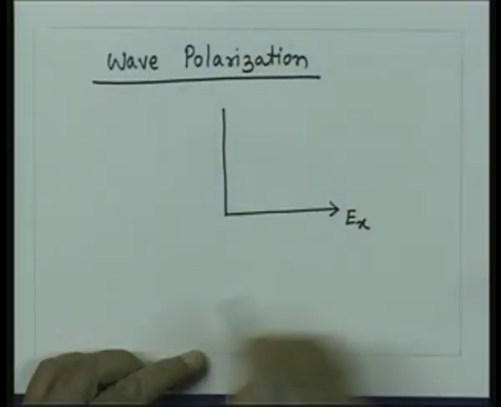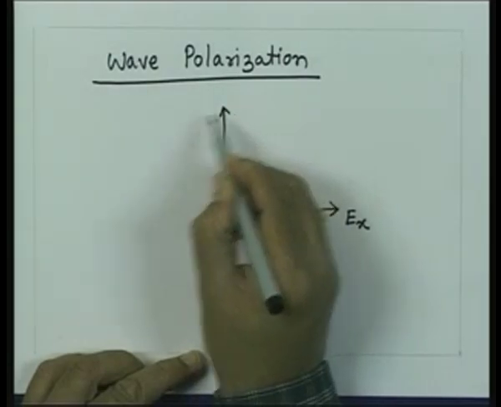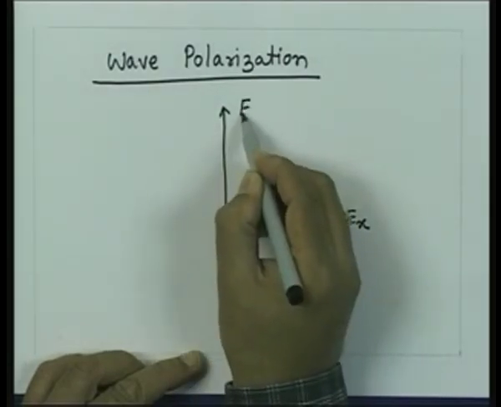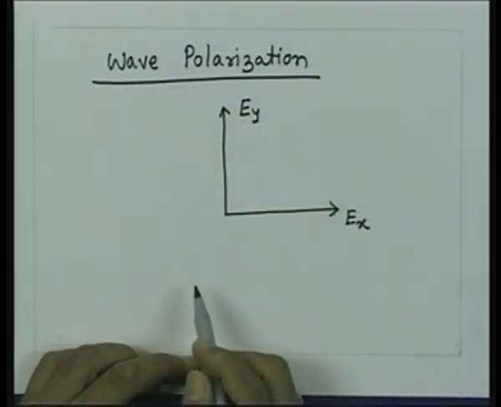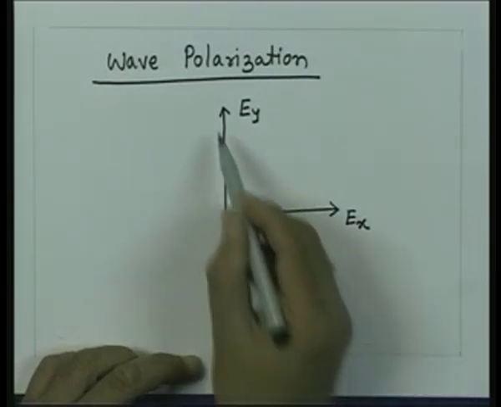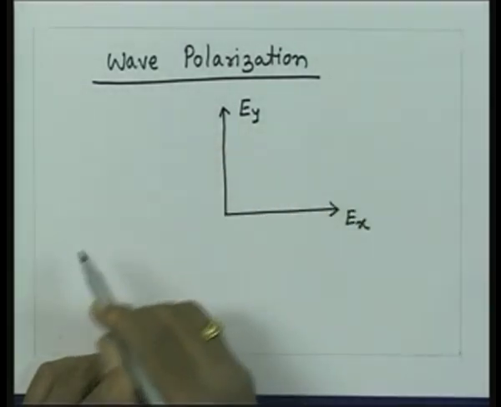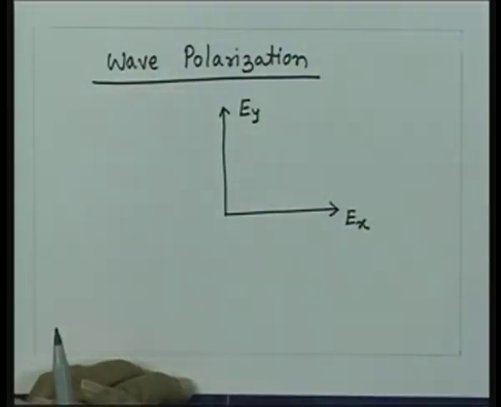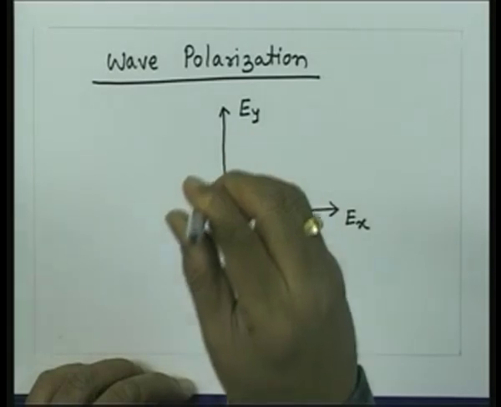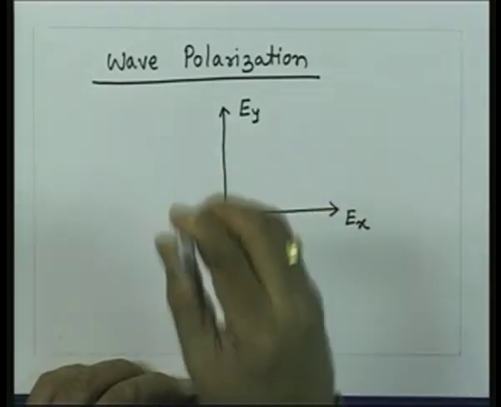So, let us say I have two fields, one oriented in x direction and another oriented in y direction. And by combining these two fields, I can always get any arbitrary field in this xy plane, where the wave will be propagating in the z direction, perpendicular to the plane of the paper.